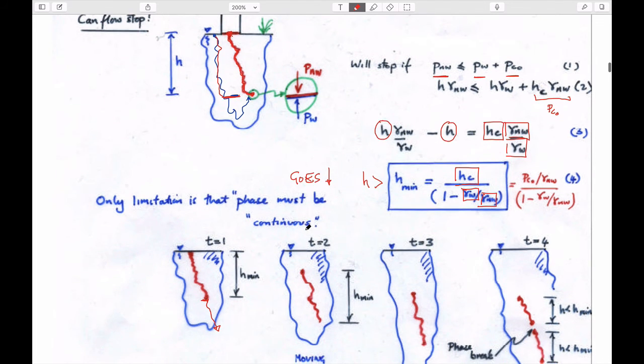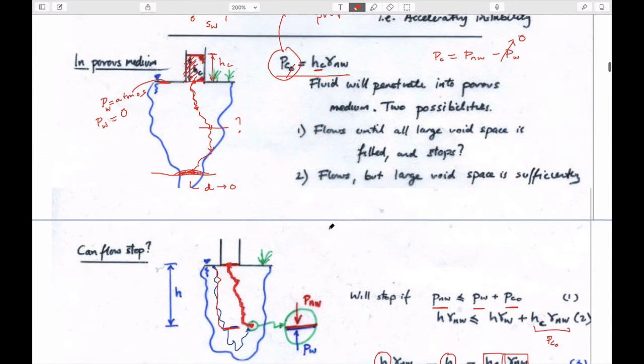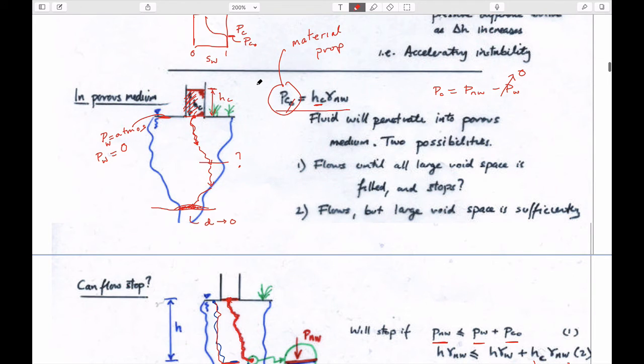But let's back up one step. When we looked at this, we came up with a different value, right? We said basically that this will go as soon as it gets to h sub c. H sub c is this material property, and so as soon as we get to this particular height, then it's going to seep into the ground.